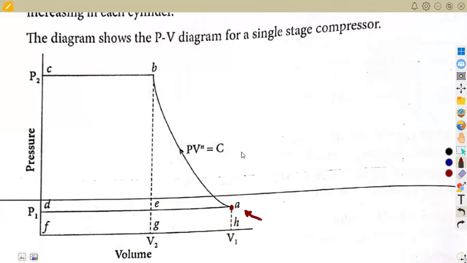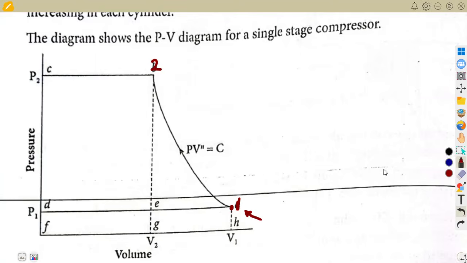We are saying at a point 1, which is our inlet, I'm just going to call this 1. So at that point 1, we have the volume corresponding, the pressure corresponding, the same thing at our point 2. We have the volume there and the pressure corresponding. This is the PV diagram, pressure versus volume.